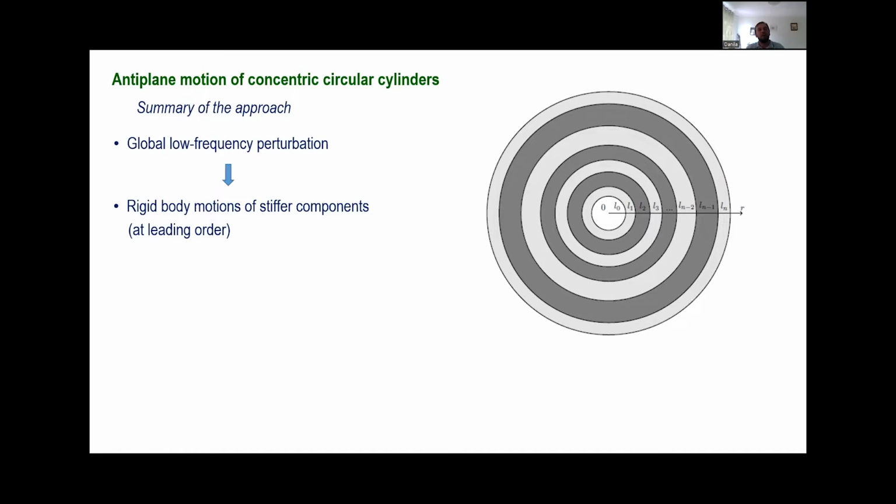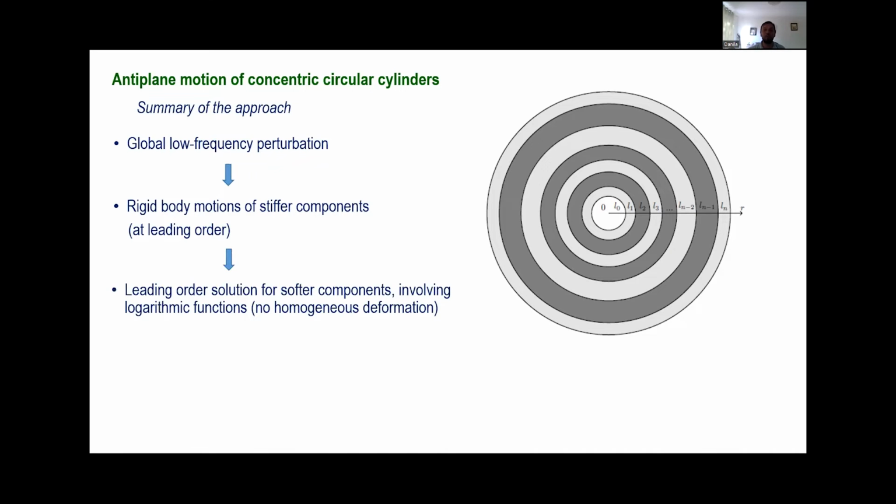Basically, if we start the global low frequency perturbation, we will start it in the same fashion. We will expand the displacements and the spectral parameters, and this lambda squared would be of order epsilon. That would provide the right scaling. Once we consider stiffer components at leading order, we will find out that the solutions are rigid body motions.